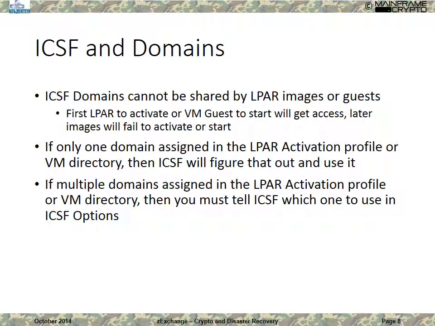Say, okay, we're going to use domain 6 for normal operation. At your DR site, maybe your DR provider gave you domains 8 and 9. Once again, you're going to have to go in and change that options data set to tell it, okay, instead of using 6 like we do in production, today we're going to use domain 8 at the DR environment.